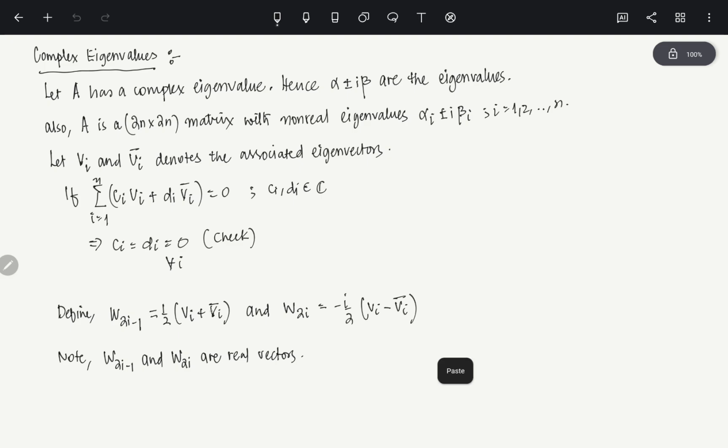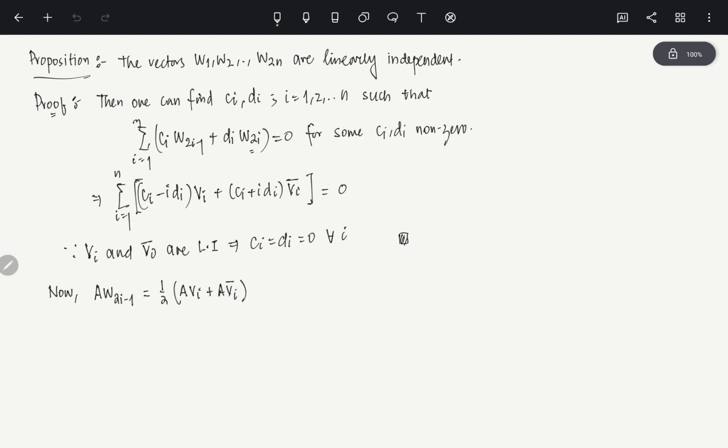A is linear, so I can take it inside, right? So this is equal to half of (alpha plus i beta) V_i plus (alpha minus i beta) V_i bar.